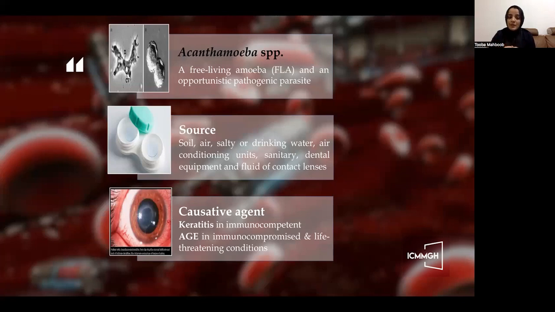They are ubiquitous in nature, so they can be found in soil, air, and every kind of water, like drinking water, sanitary, dental, and so on. They're highly pathogenic. They can cause a sight-threatening disease known as keratitis in immunocompetent individuals, and can lead to a fatal disease known as amoebic granulomatous encephalitis, particularly in immunocompromised patients.